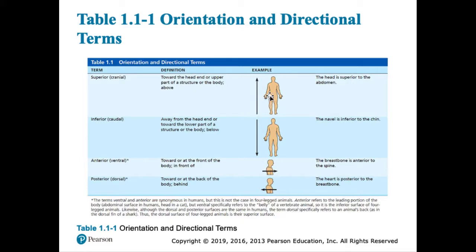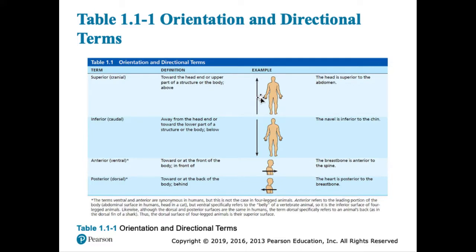So you're seeing this, you look here, this is standard anatomical form. Remember, this body is erect, you've got your feet slightly apart, you've got your palms facing forward, and your thumbs are pointing away from the body. Anything above or higher up would be superior.